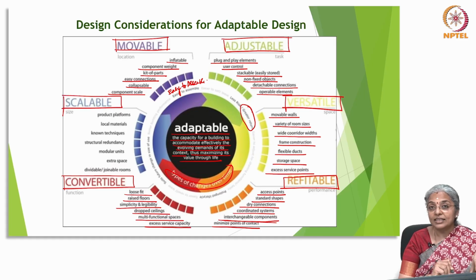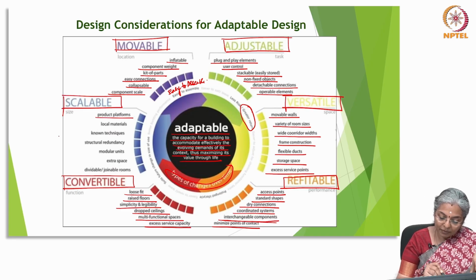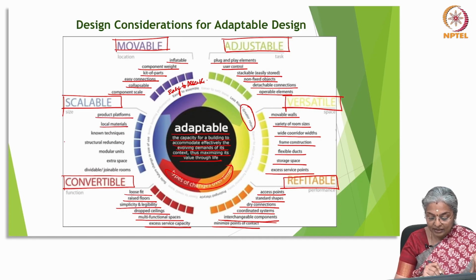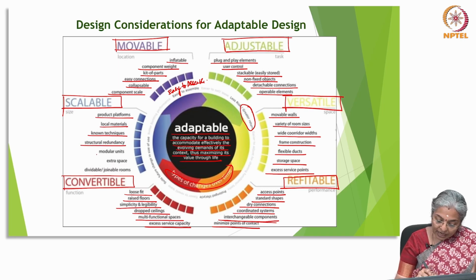Can we consider scalable size? Can we consider product platforms? Can we consider local building materials? Are known techniques used in building and dismantling it? Does it have structural redundancy? Can we have it as modular units? Can we get extra spaces?